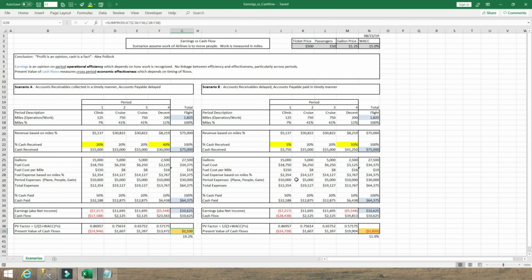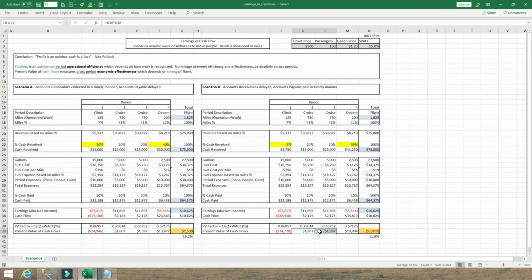Whereas over here, just by a slight change of assuming the majority of the cash flow comes in at the last period, we have a larger negative cash flow because we received a lot less cash in the first period. Here in the first period, a much larger loss, and because of the discounting, that factor doesn't really diminish the size of that number much, so it weighs heavily on the present value calculation.